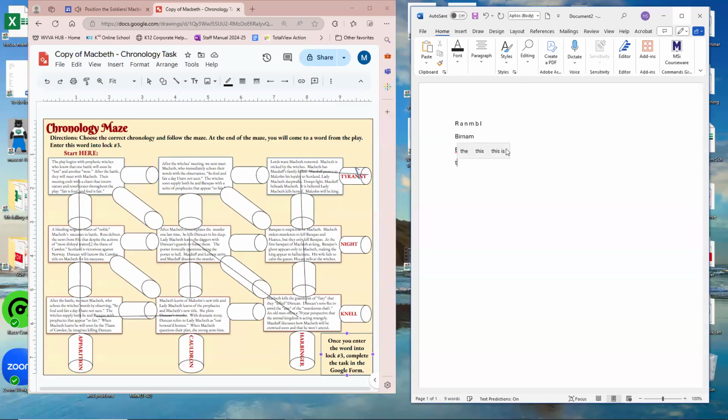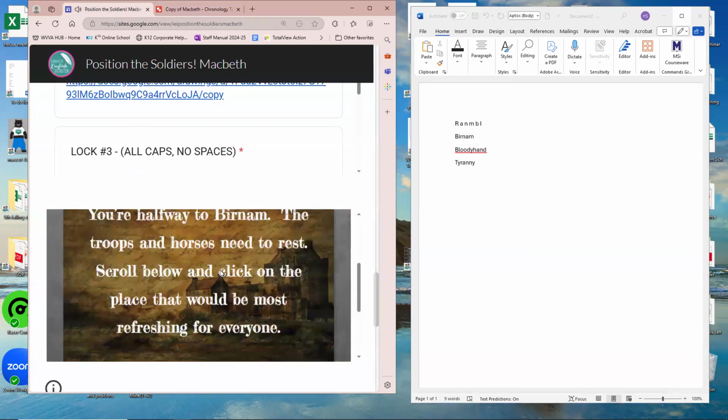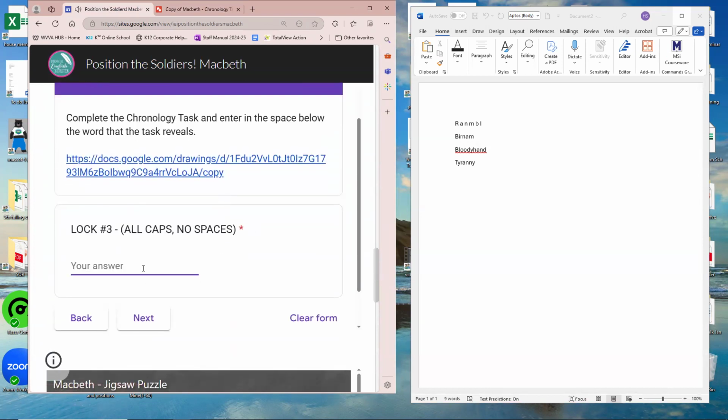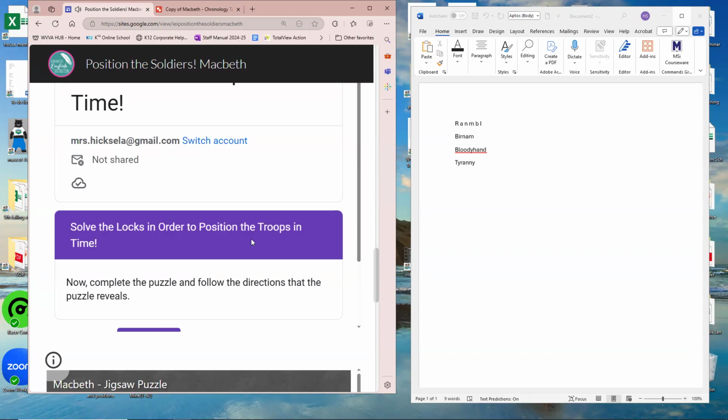So the fourth one. So I'll go back here and put it in, if I can type it correctly. And hit next.